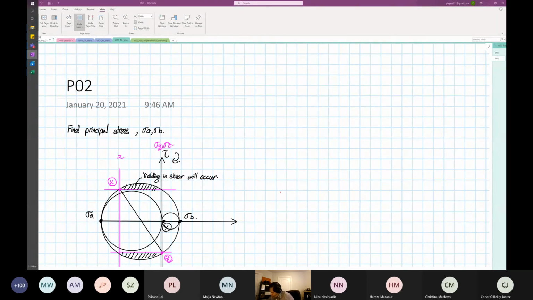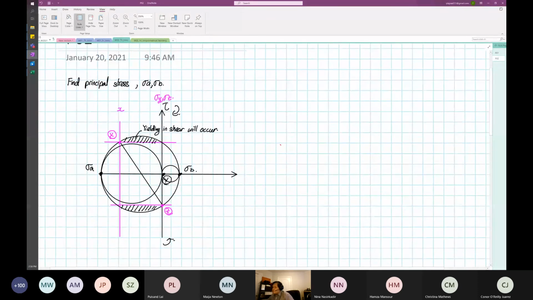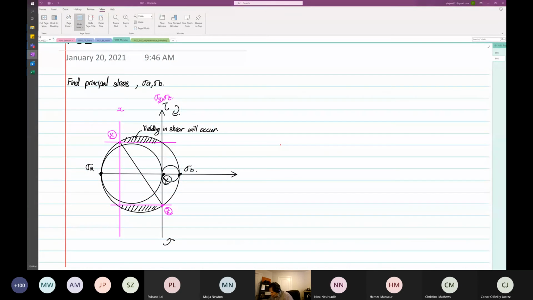Right. So from here, you can see that we are going to find stress A and stress B. So the first thing we have to find is the center of the circle.